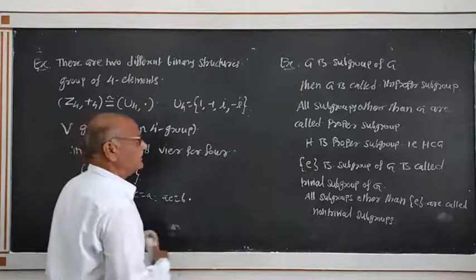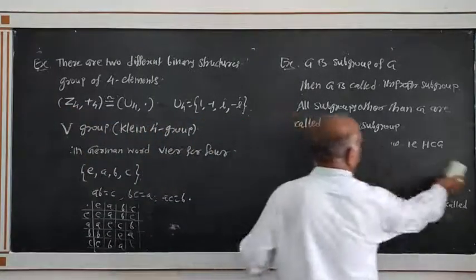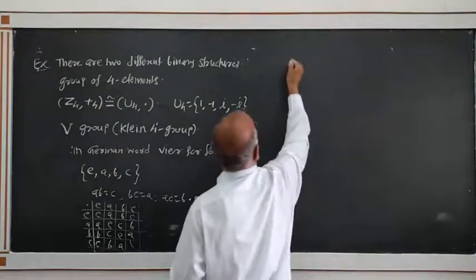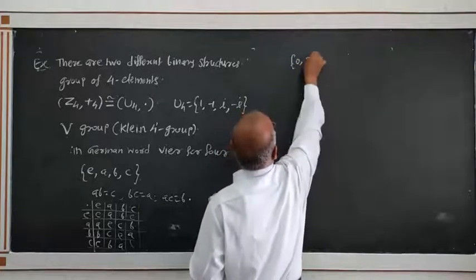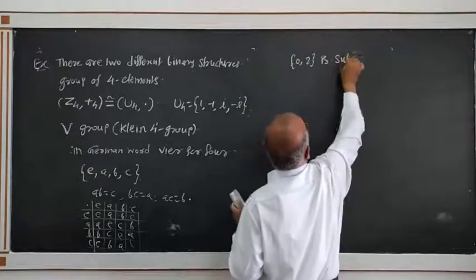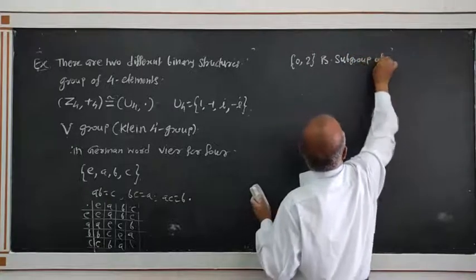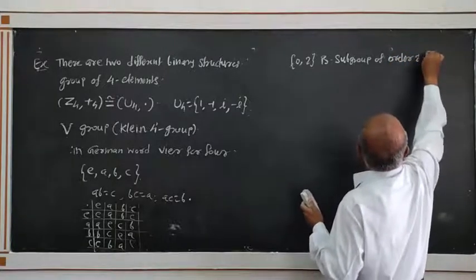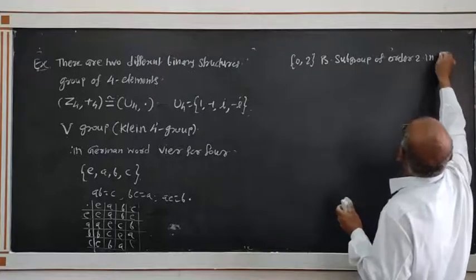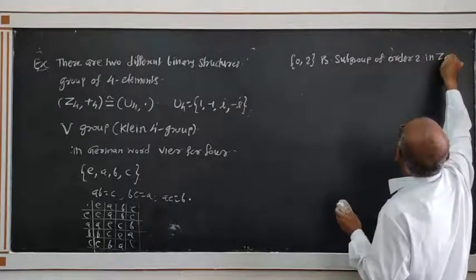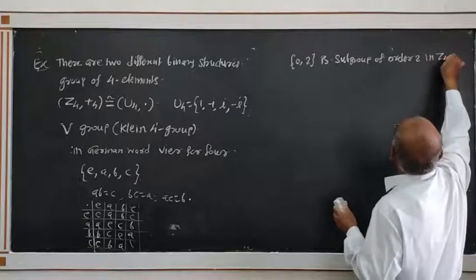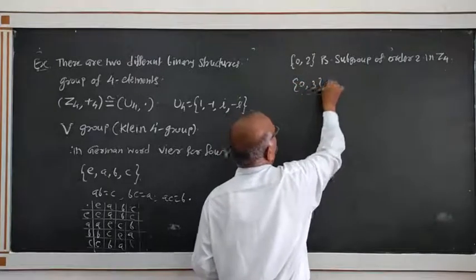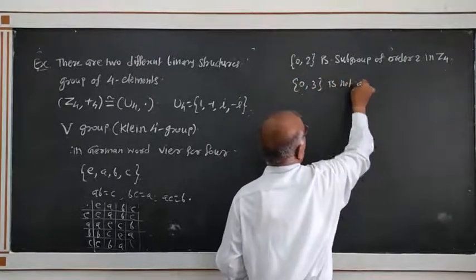And if we take here, in Z4, the set 0, 2 is a subgroup of order 2. 0, 3 is not a subgroup.